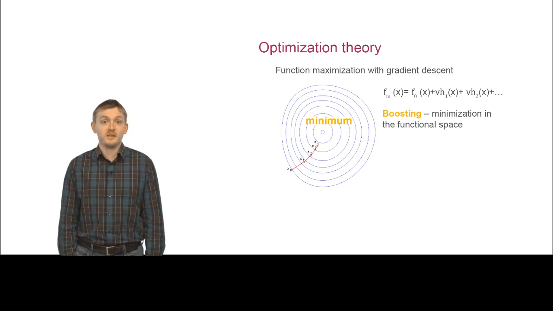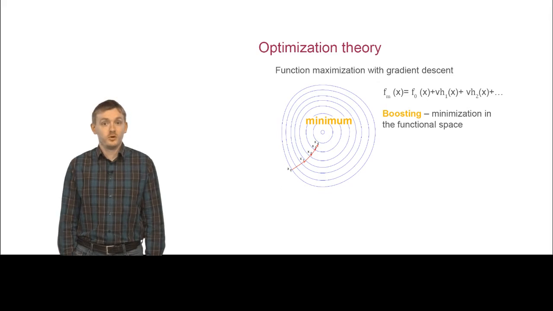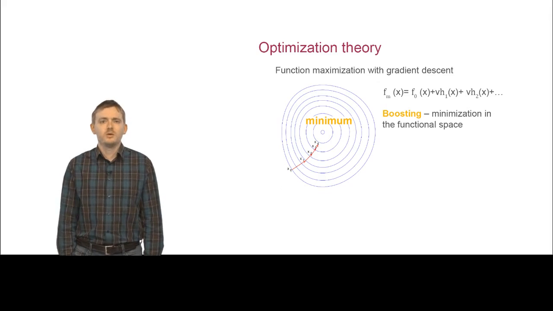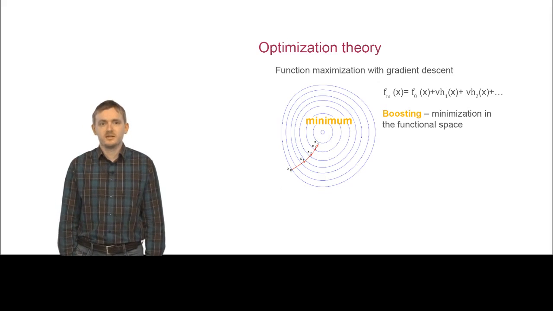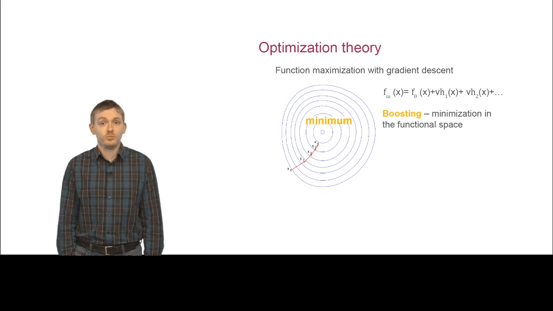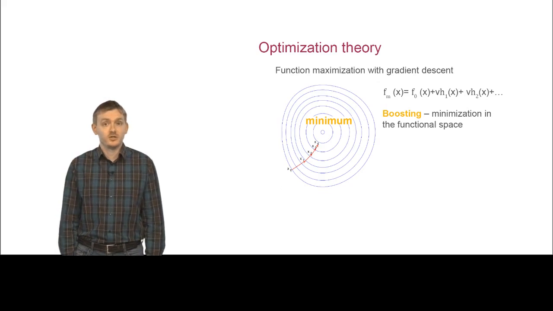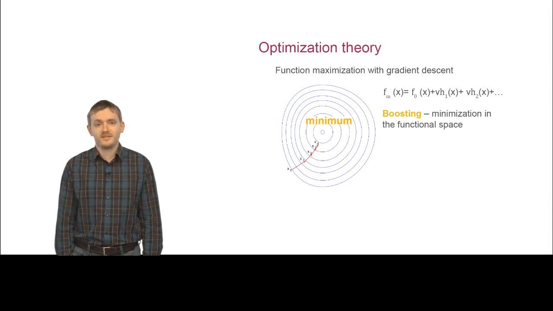Since you want to minimize the function, you must move in the direction opposite to the gradient. To ensure convergence, you must make very small steps. So you are multiplying each gradient by a small constant, which is called a step size. It is very similar to what you do in gradient boosting. And gradient boosting is considered to be a minimization in the functional space.